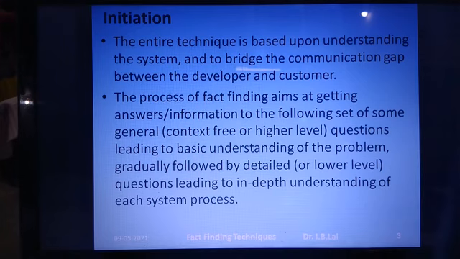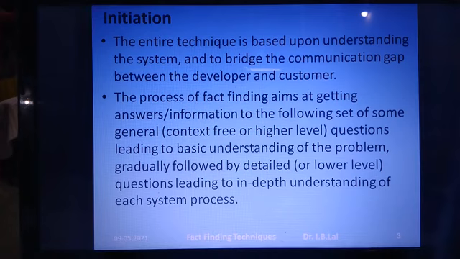So from where do we initiate? The entire technique is based upon understanding the system, and then bridging the communication gap between the developer and the customer.